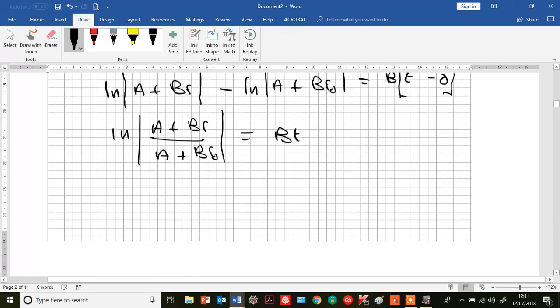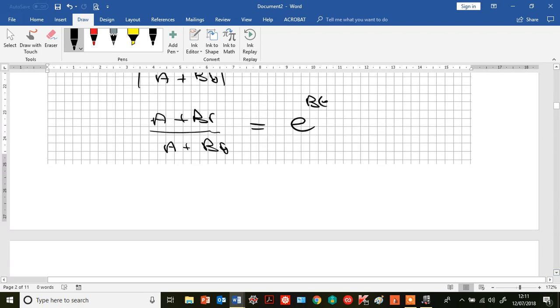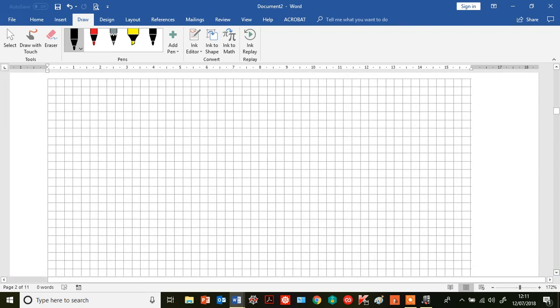Let's just scroll down a bit, and then we can do what you should be familiar with now, and take anti-logarithms of both sides. So we've got A plus Br on this side divided by A plus b r naught, and that's equal to e to the bt. Okie doke. And I'll just rewrite it again so that we can see what we're doing.